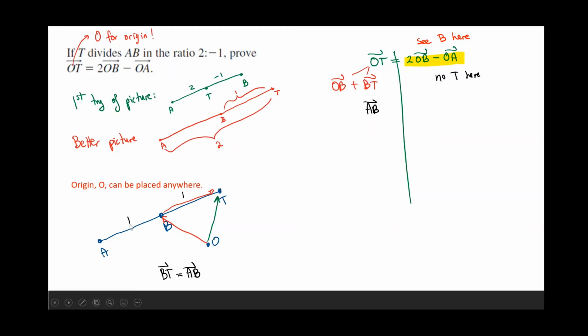So this is cut exactly in the middle. B is the midpoint of AT. So BT pointing upwards and to the right, and AB also pointing upwards and to the right, they're going to be equivalent. So instead of BT, we can rewrite it without using T at all, just saying AB.